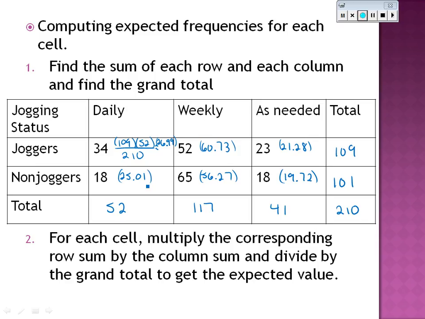If I write them in the table, I just put little parentheses around them to keep them separate, or you could circle them or put a box around them, your choice, just to designate those are the expected values, and the ones that are already in there were your observed values from the sample.